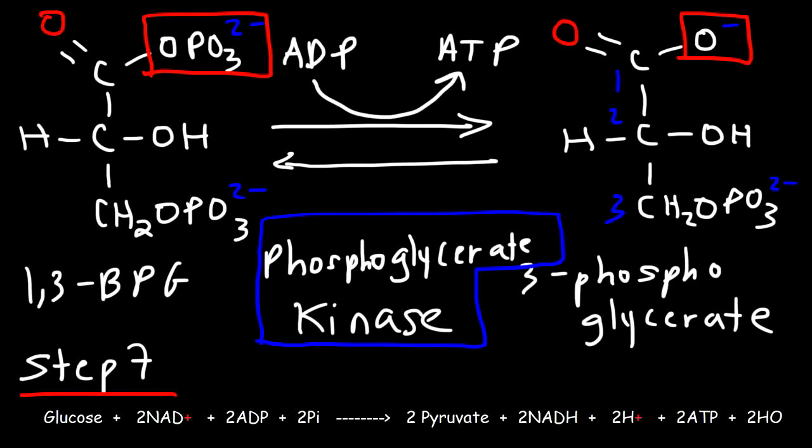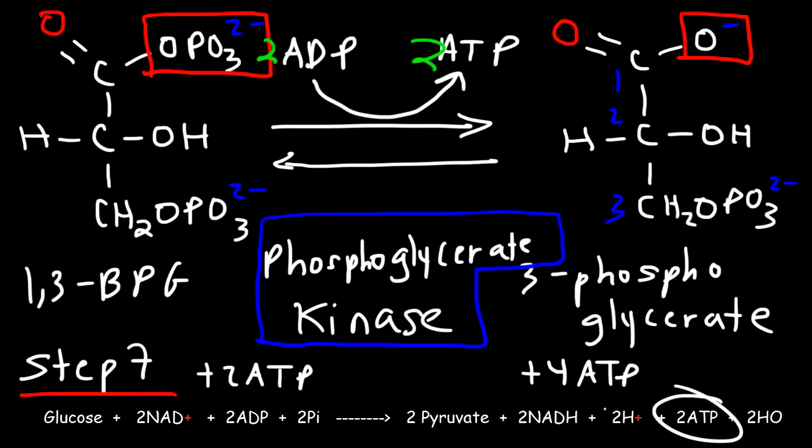Now something I want to focus on is the production of ATP. Remember, we're still in the payoff phase, so everything has to be multiplied by 2. Here we're consuming 2 ADP to make 2 ATP. In the investment phase, we had to put in 2 ATP units. In the payoff phase, we're going to get 4 with a net gain of 2.